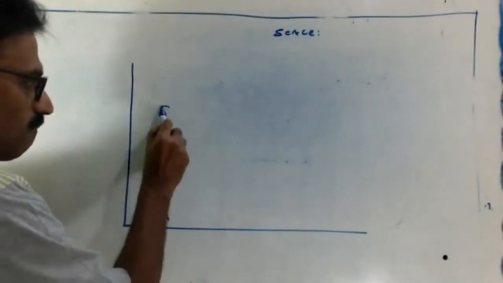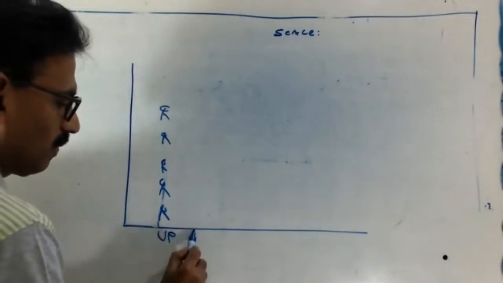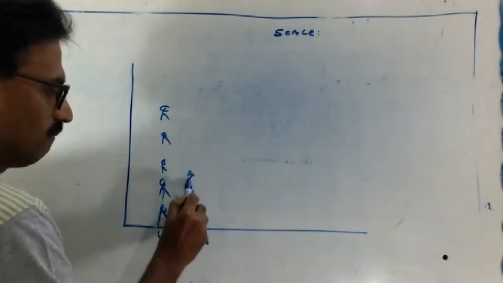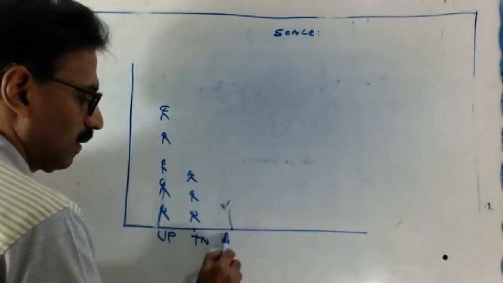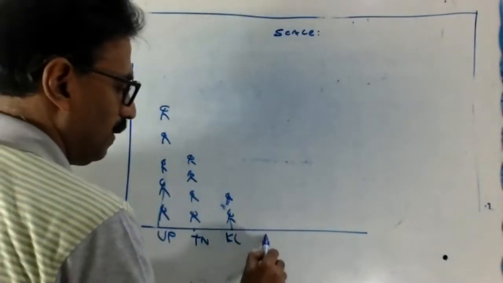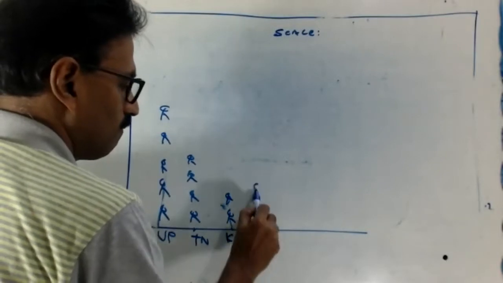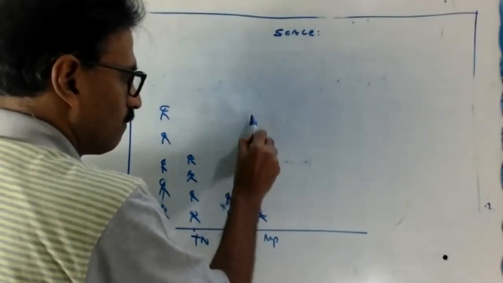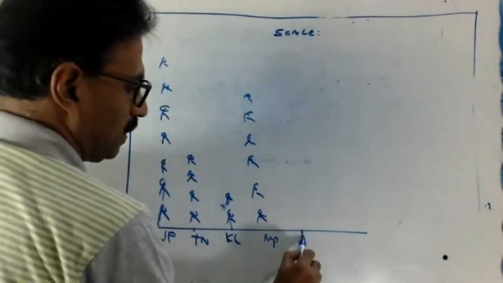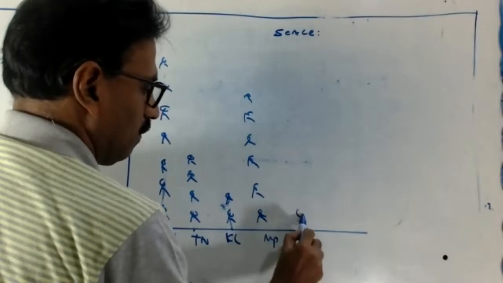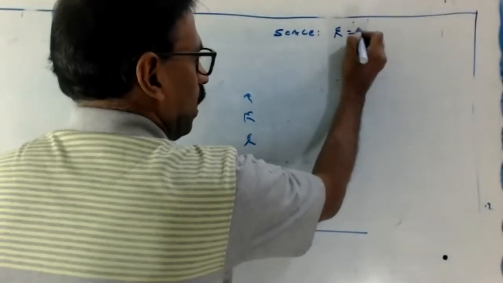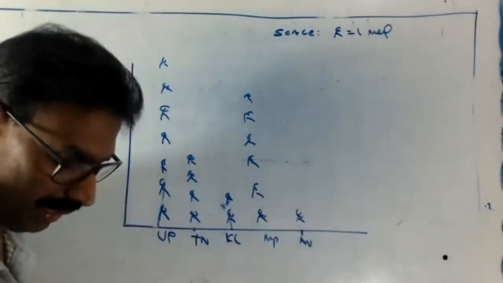UP, TN, Kerala, MP. UP is the bigger one. Arunachal Pradesh only one. Then the scale here, like this picture, is 1 million.